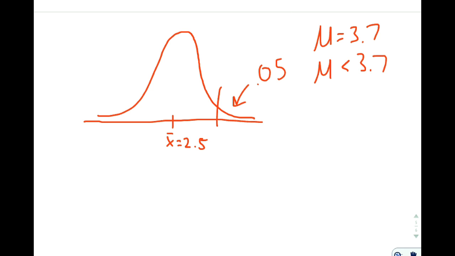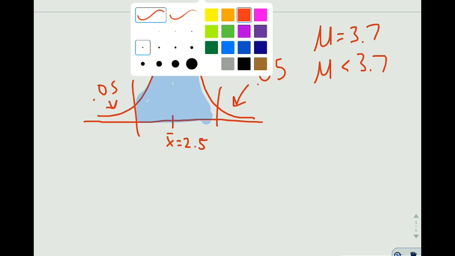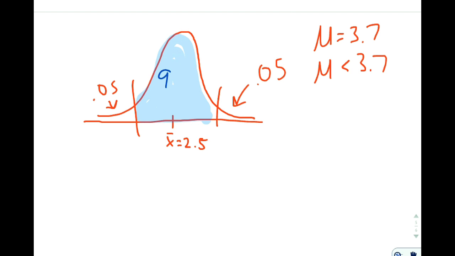Why we want this right tail to be 5%, then for our confidence interval we would have to end up with a middle region that cuts off 5% on each side for a standard symmetrical confidence interval that we're used to. If we have 5% on the left, 5% on the right, that's going to leave us 90% in the middle that we're going to find a confidence interval for.